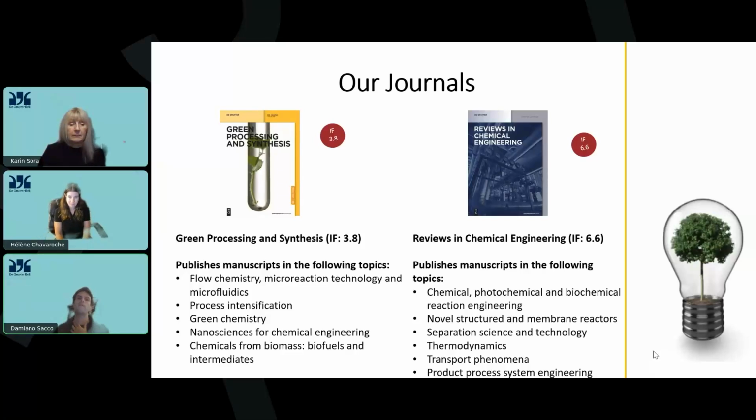We have Green Processing and Synthesis, and we're very happy to publish articles in any topics, including flow chemistry, microreaction technology, process intensification, green chemistry, and nanosciences for chemical engineering.